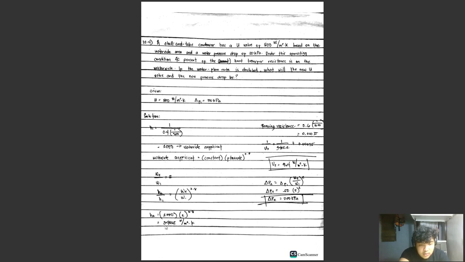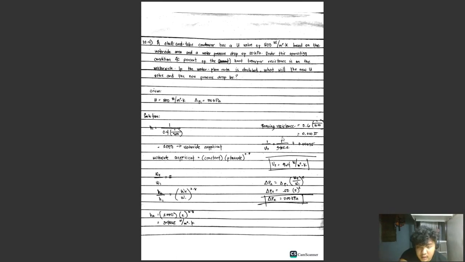So ang aton nga H2 is equal to 3482.2 W over m squared K. So after na nakuha ini nga value, ma-compute ang aton nga remaining resistance, which is equal to 0.6 multiplied to 1 over 800. So ang aton remaining resistance is equal to 0.00075.